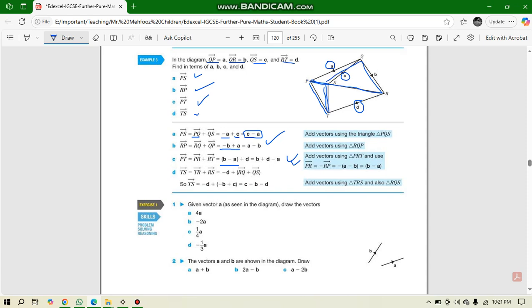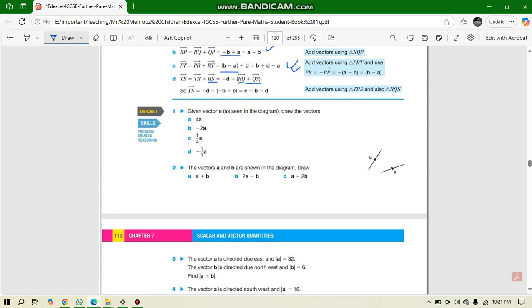So we replace RS by RQ plus QS. RQ is equal to minus B, and QS is equal to plus C. So you can write it as minus D plus minus B plus C. So that is equal to C minus B minus D. So all the four parts of this example are solved.